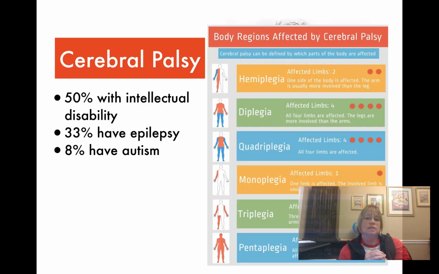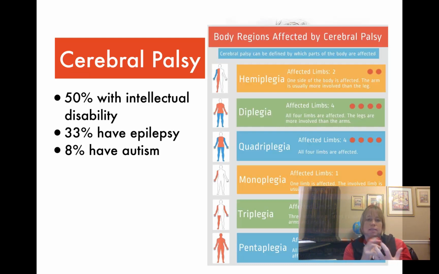One of the things that medical professionals use when they diagnose cerebral palsy is they look at the different regions that are affected by the cerebral palsy. And then they diagnose based on how many regions are affected, whether there are multiple limbs, if there's 4 limbs affected, or just 1 limb affected. And typically when we see students with cerebral palsy, they have some tightness or what we call spastic muscles.